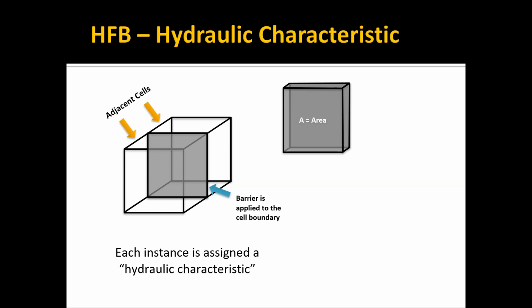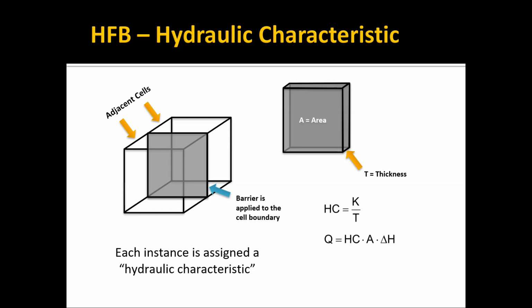If you think of that interface as having some thickness and area, the area is just defined by the cell dimensions, and the thickness is something that you would have to estimate. The hydraulic characteristic, H sub c, that you enter is the hydraulic conductivity of that barrier divided by the thickness.